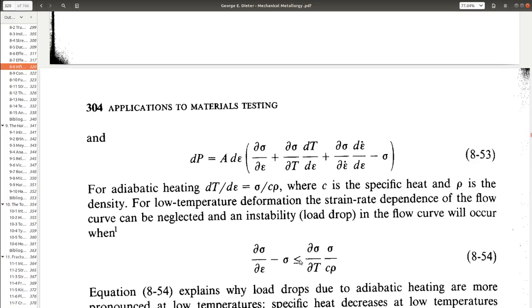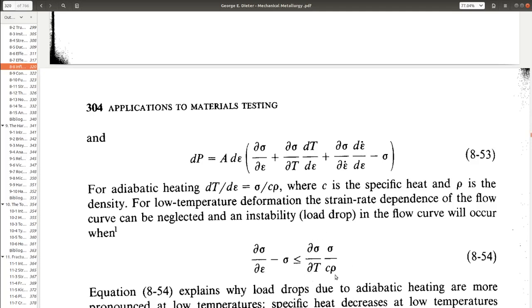Okay, but if there is a temperature influence, then this will come into the picture, and at instability this term is equal to this term.